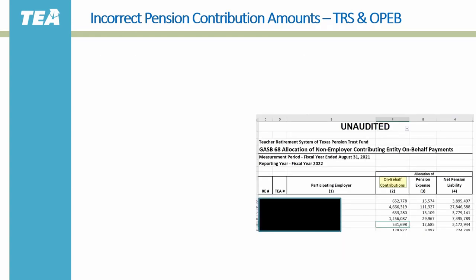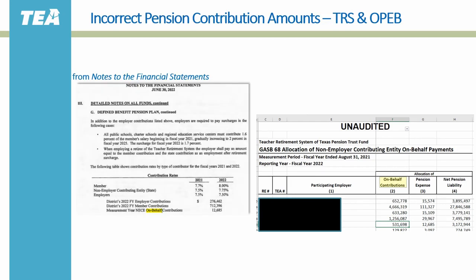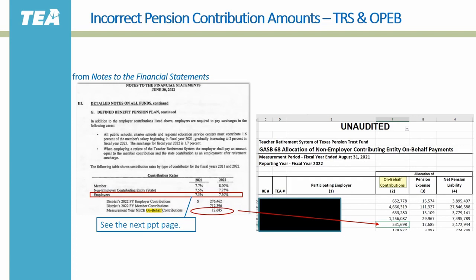This is an example of the GASB 68 reporting issues. On the right-hand side, you can see the unaudited information that's from the TRS website. And on the left side, you can see it's from notes to the financial statements. On the bottom, you can see there is an unbilled contributions of 12,685 reported.